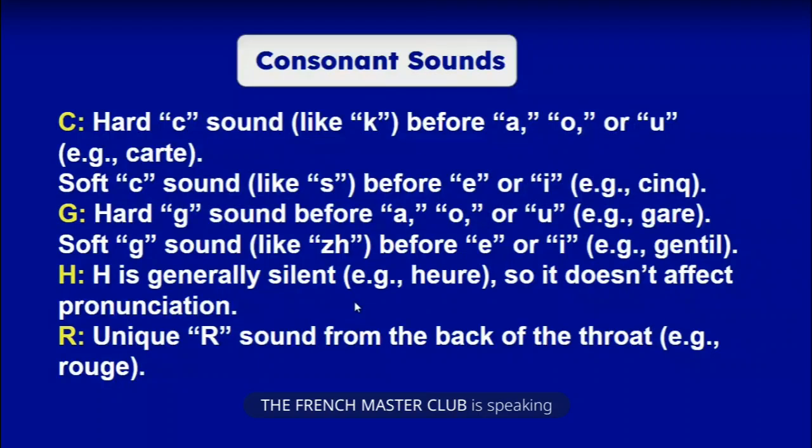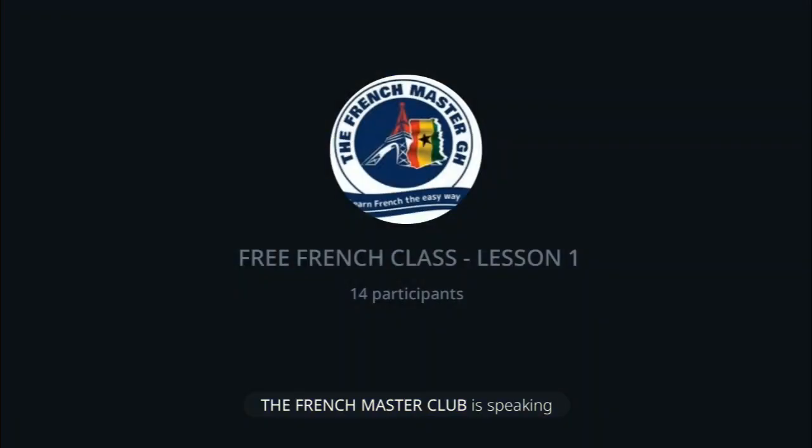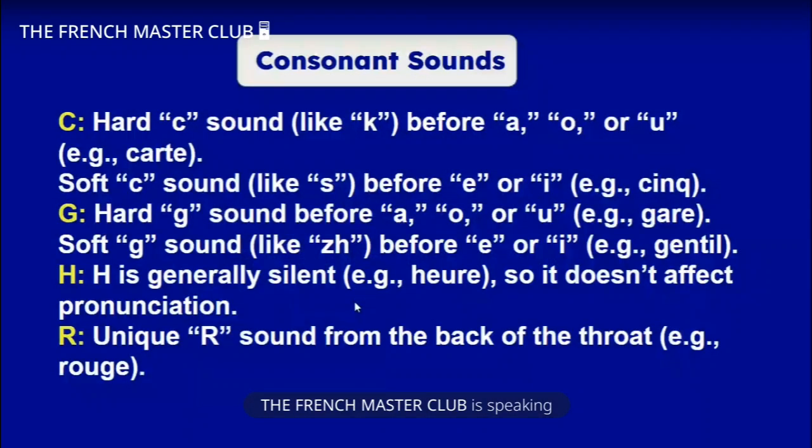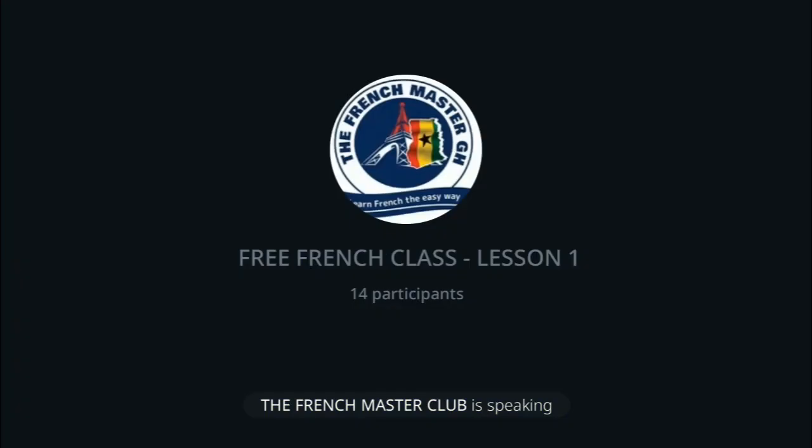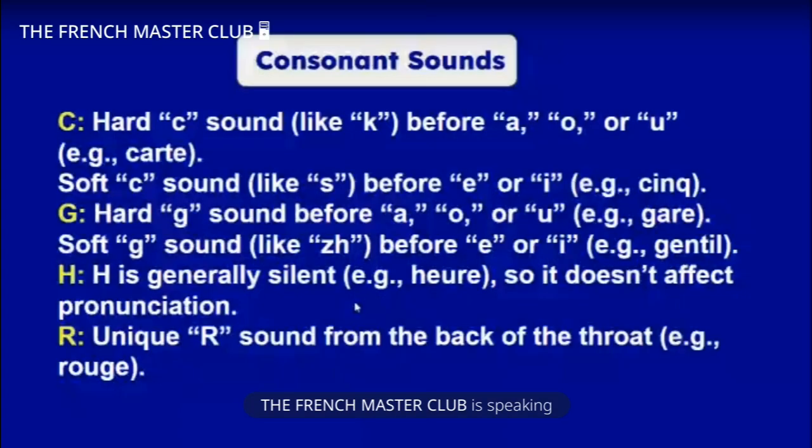On consonant sounds, whenever you see the letter C in French followed by A or O or U, that C now becomes K. The sound becomes K. An example is carte, or cuckoo.